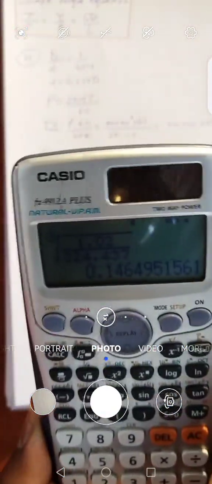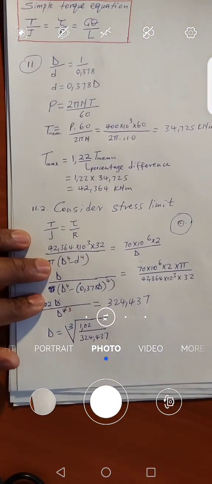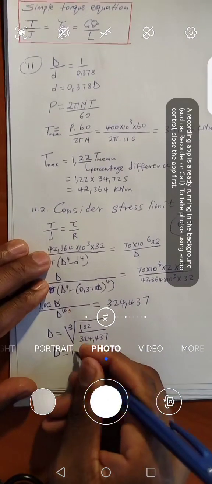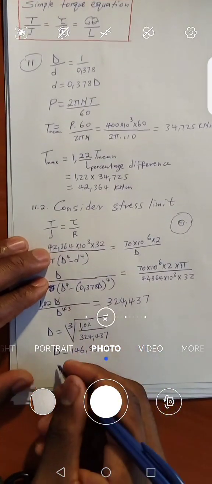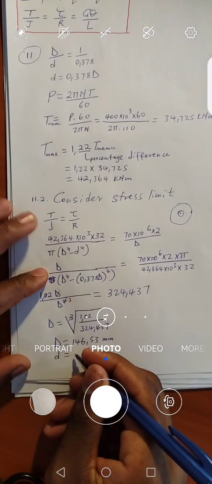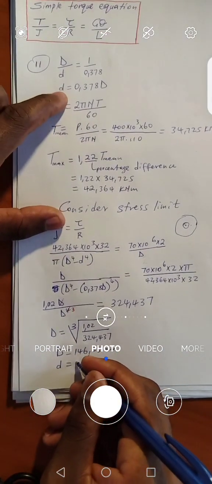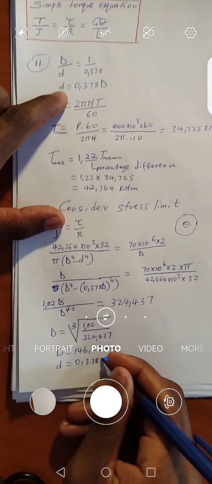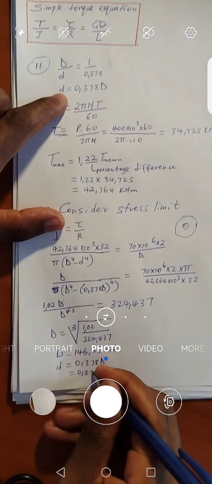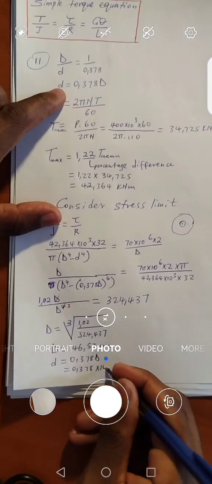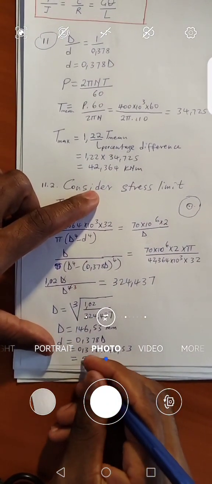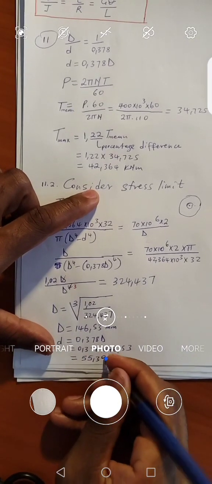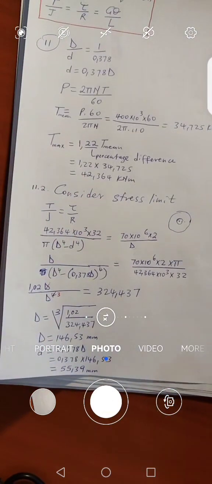Yeah, you'll get this. D equals to 146, and then the small d will be, you get it from here, right?